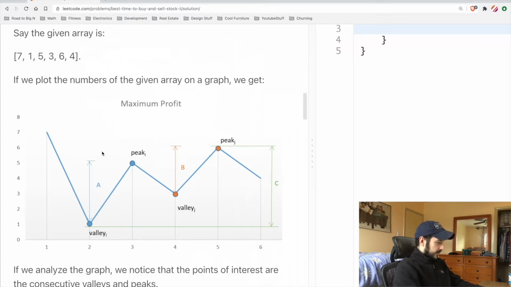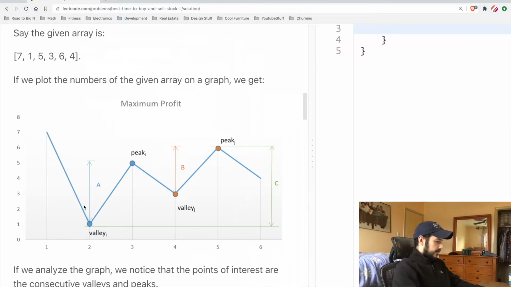The way we'll be solving this is by using a previous and a current pointer. We'll set the previous pointer at our first index, and our current pointer will start at index 1. We'll compare these two points and see if there's an increase, then add that to our answer. If there's not, then just keep things going.